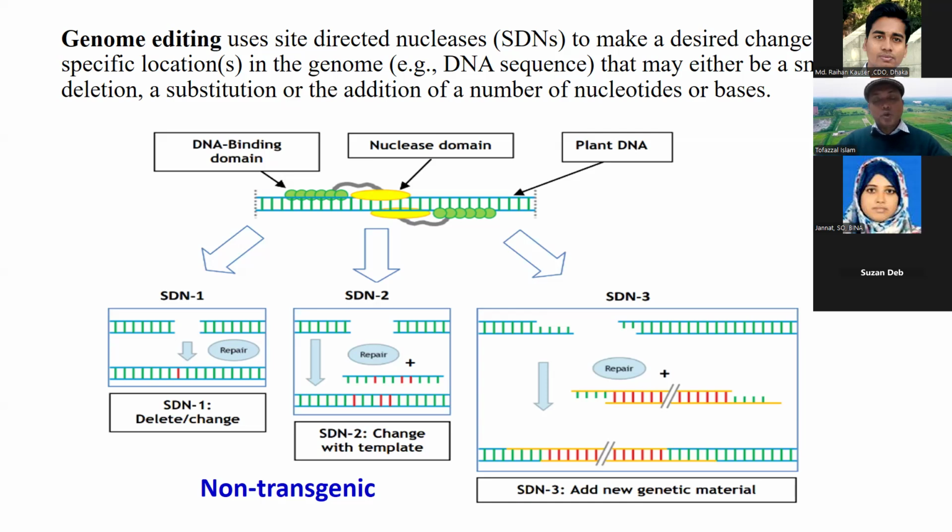In case of human, only sickle cell anemia, using SDN1, where a single nucleotide error has been corrected, was approved in the US last year. So they gave the permission.